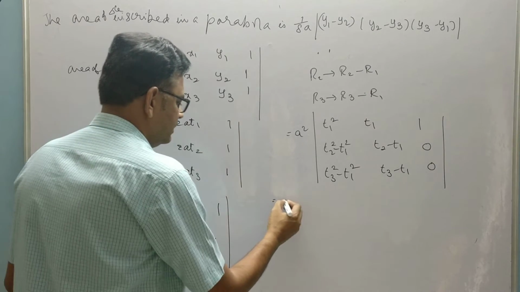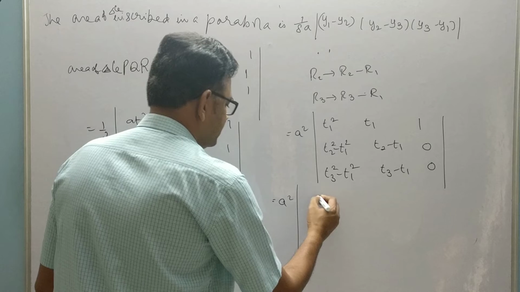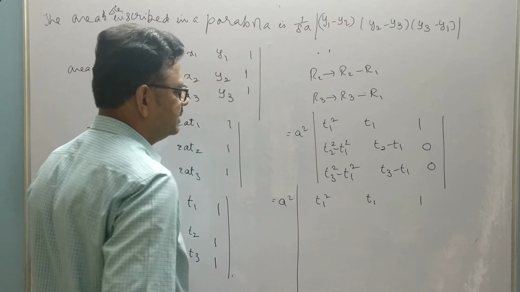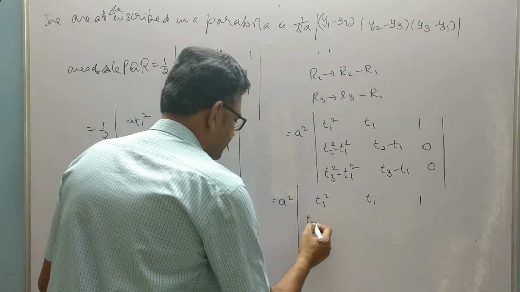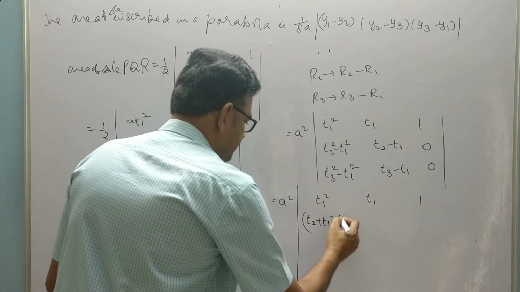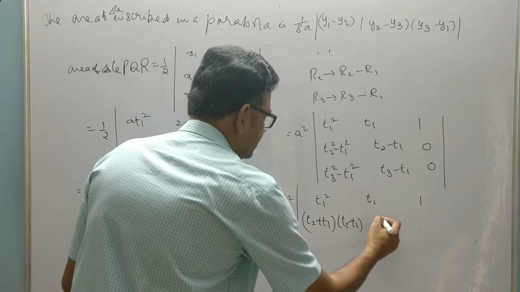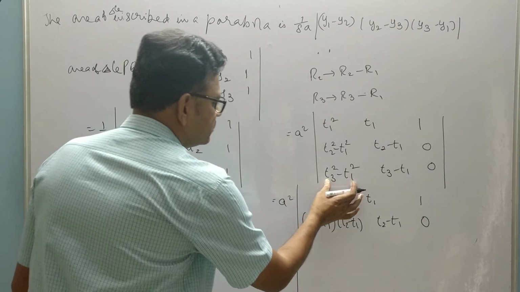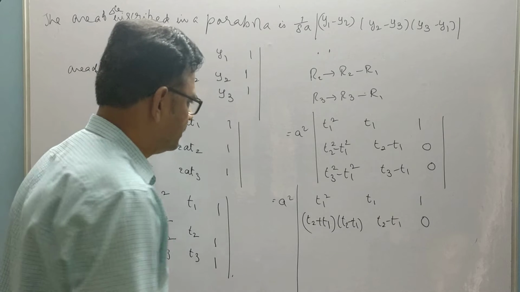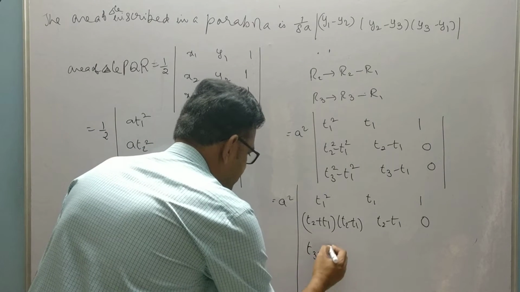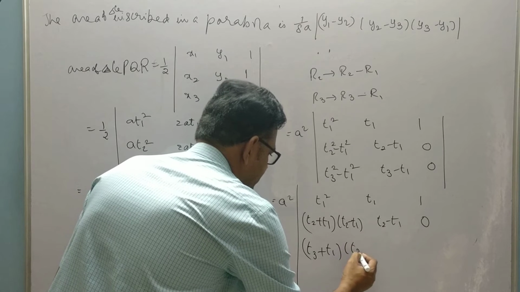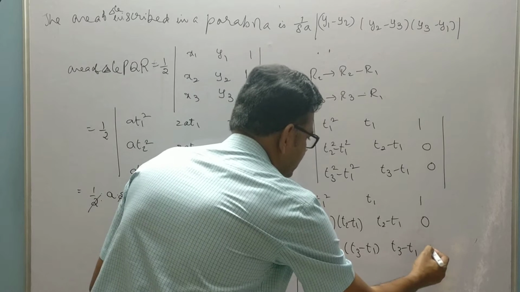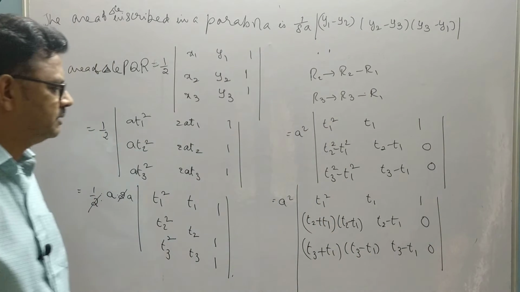Now it is equal to a square into determinant of t1 square, t1, 1; and this is a square minus b square, a plus b into a minus b, so (t2 plus t1) into (t2 minus t1), t2 minus t1, 0. Next one, this is also a square minus b square form: (t3 plus t1) into (t3 minus t1), t3 minus t1, 0.